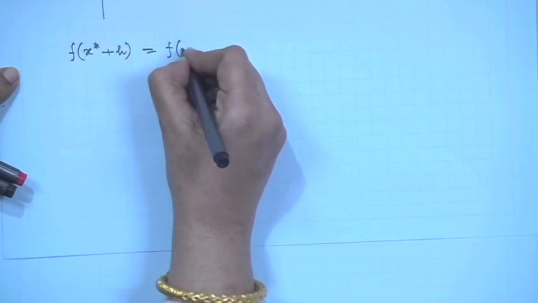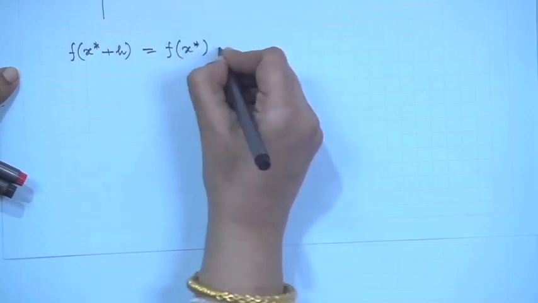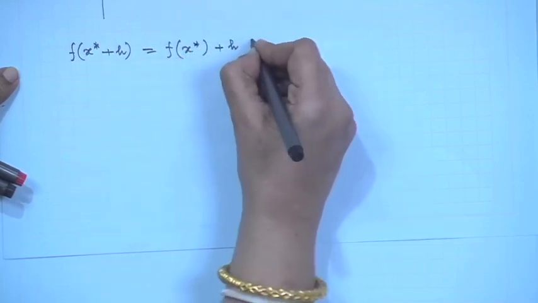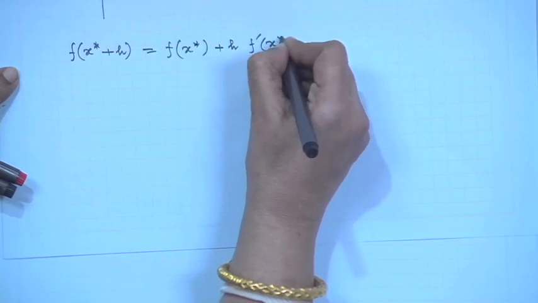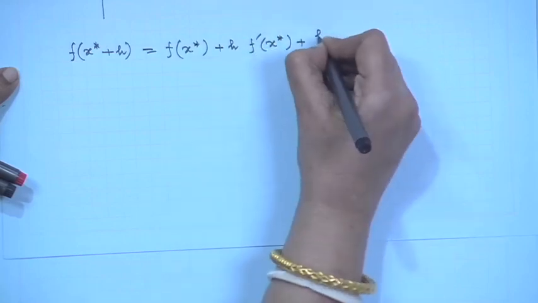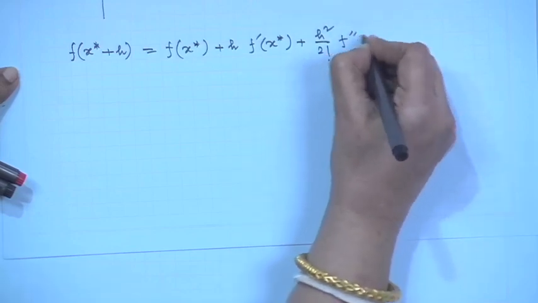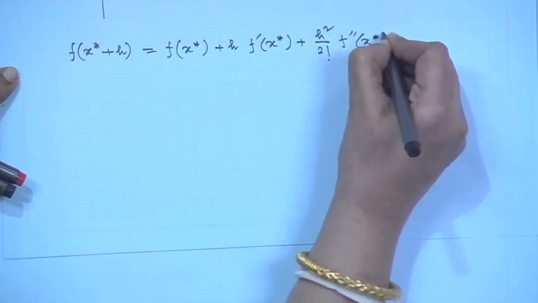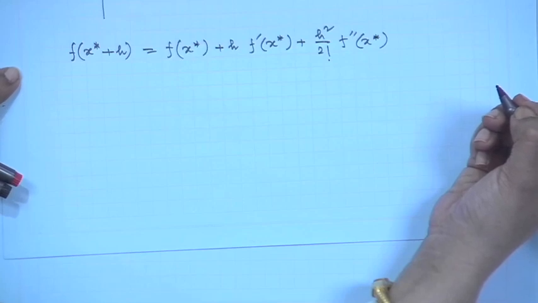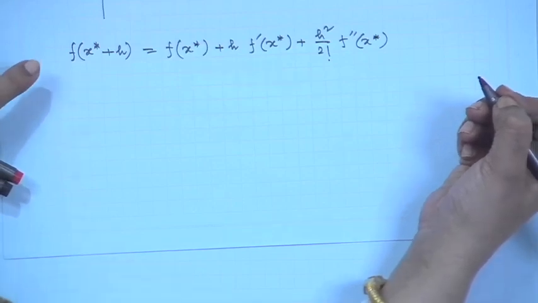How to expand it? f of x star plus h equals f x star plus h f prime x star plus h square by factorial 2 f double prime x star, and we are considering Taylor's theorem where there is a remainder term after the nth term.